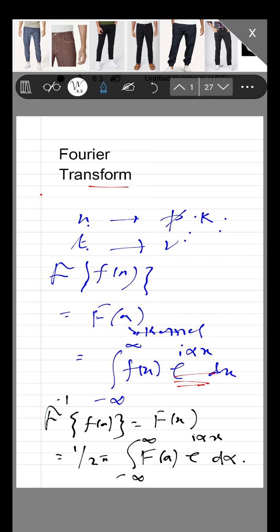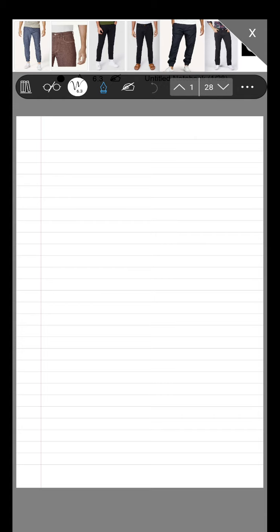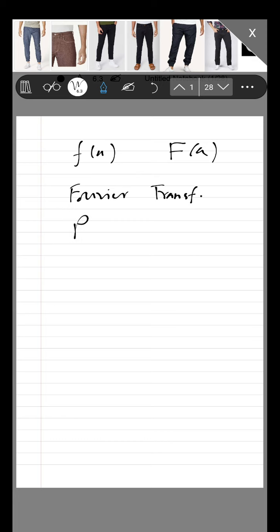So here f(x) and F(alpha) are known as Fourier transform pairs.